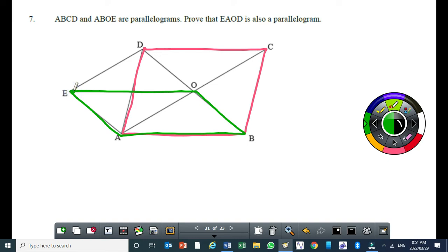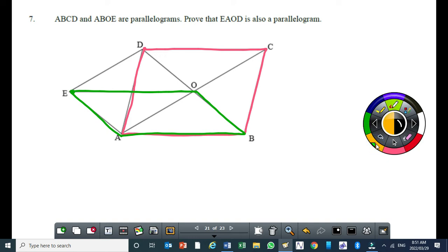So when you're writing a geometry test, I would encourage you to bring highlighters because you might need to identify triangles, you might need to identify quadrilaterals so that it can help you in answering the question. Then we need to prove that EAOD is a parallelogram. Let me use a different color for that.